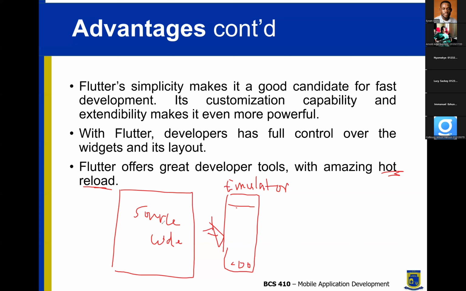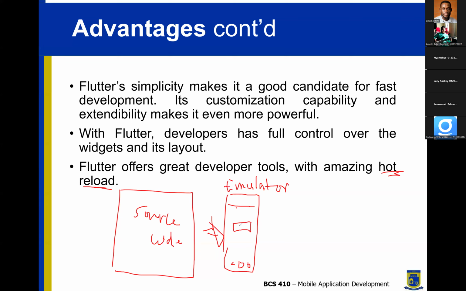Now the hot reload, what it does is, let's say I make a little change to the code. So instead of the thing being a rectangle, I want it to be a square. So I quickly modify that code to make it look like a square. The hot reload will just change that quickly in the emulator.